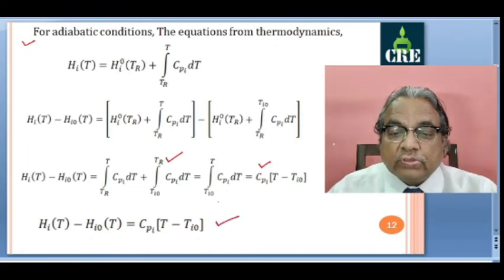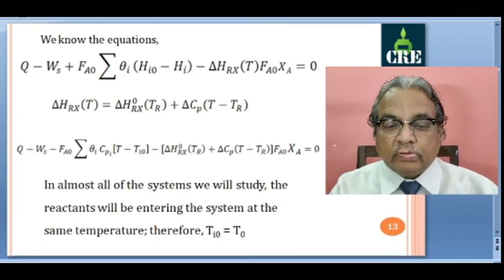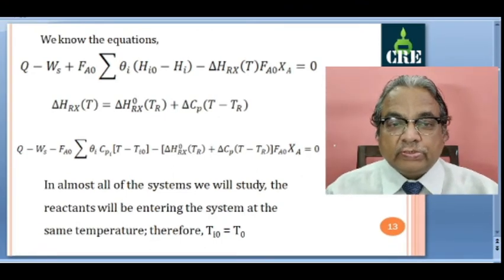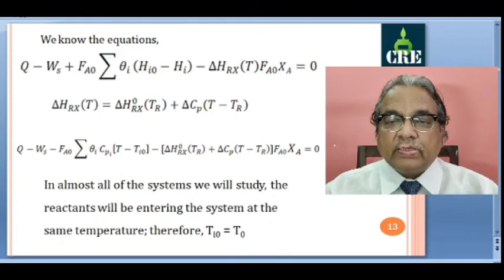Okay, so this is the equation. Now again we will consider our general energy balance equation: Q minus Ws plus Fa0 into summation of theta i into bracket Hi0 minus Hi, minus delta Hrx at temperature T into Fa0 Xa is equal to 0.